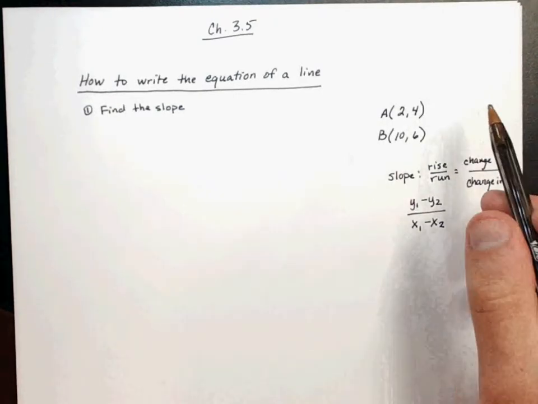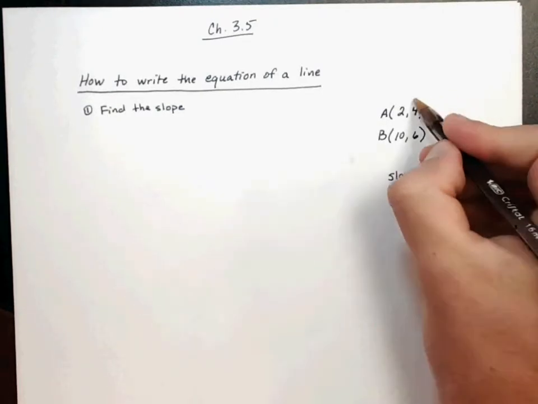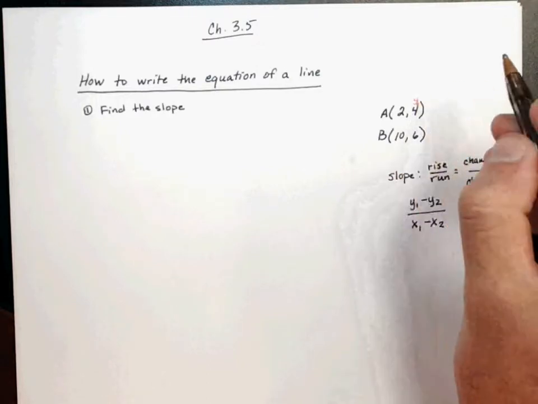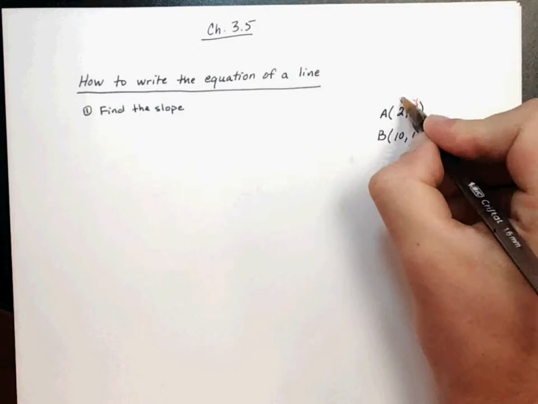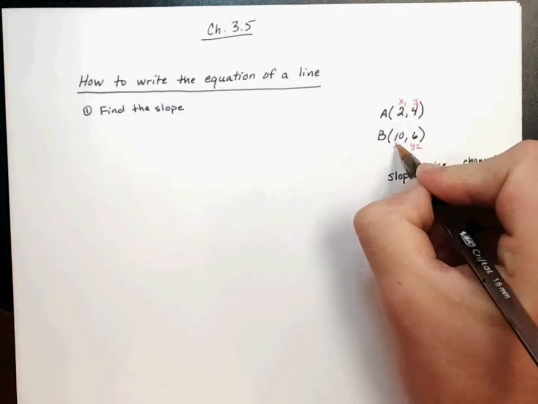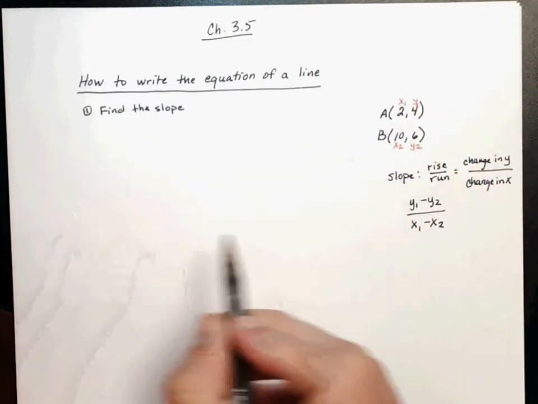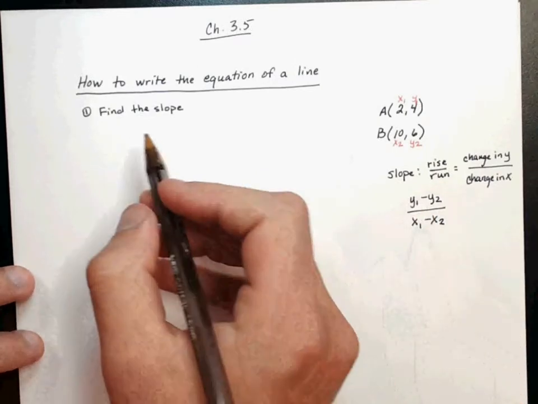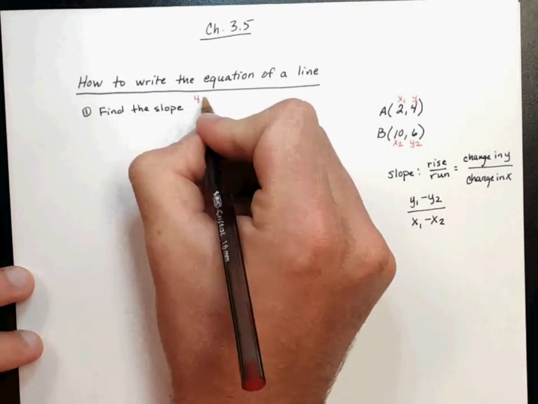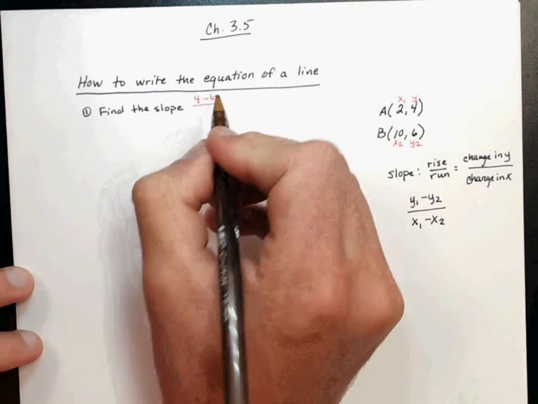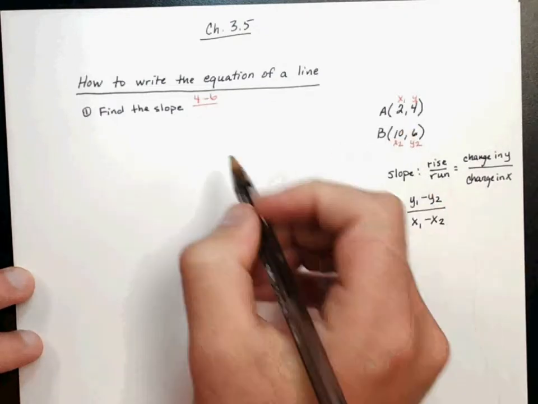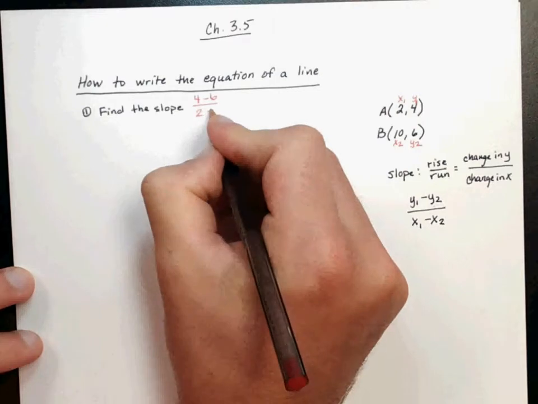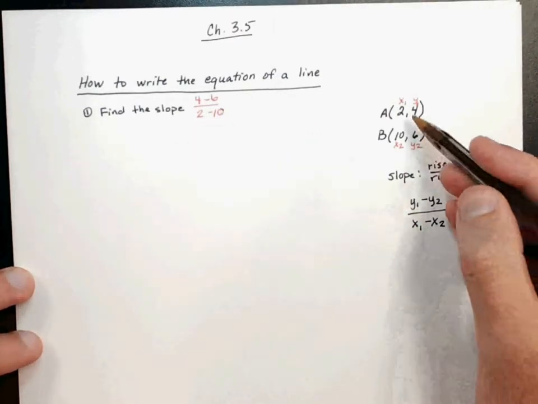So here we go. I'm going to say that 4 is my y1 and 6 is my y2. So that would make 2 x1 and 10 x2. Okay, so here we go. I'm going to use our formula right here to find the slope. 4 minus 6, because that's y1 minus y2, over x1, which is 2, minus x2, which is 10. Okay?